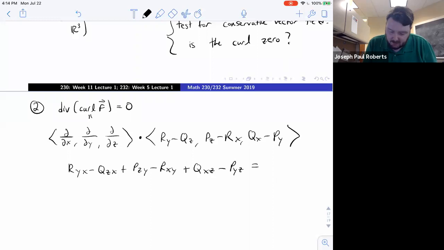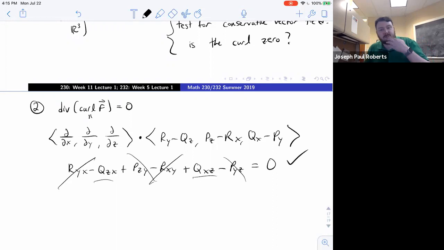And notice Ryx minus Rxy, Pzy minus Pyz, and then Qxz minus Qzx equals 0. Same kind of thing, Clairaut's theorem, just the equality of these mixed second partials. Who cares what order you take them in? You get 0.